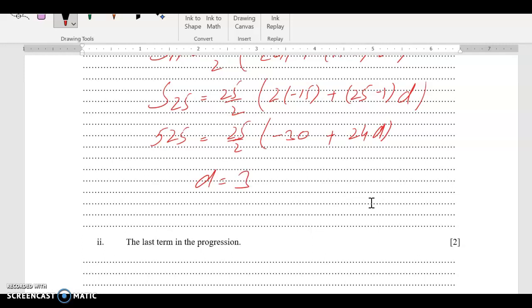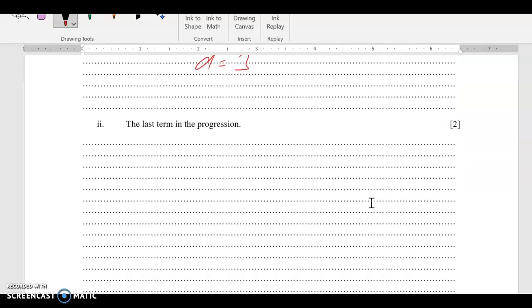Okay. In the next part, it says the last term in the progression. So that means he's asking us to find the last term, so an. Here in this case, an is basically a25. So we need to find a25. And the formula is an is equal to a1 plus n minus 1 times d.